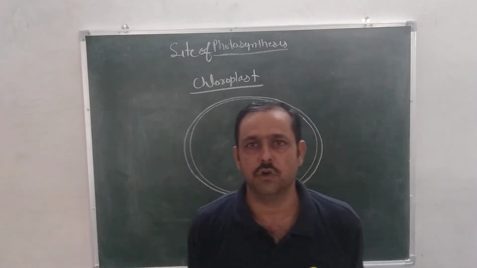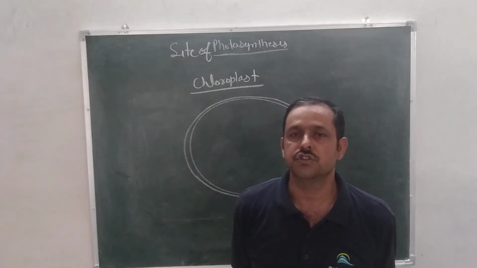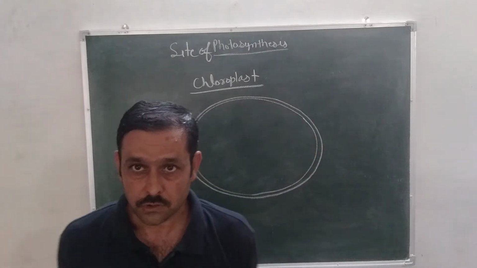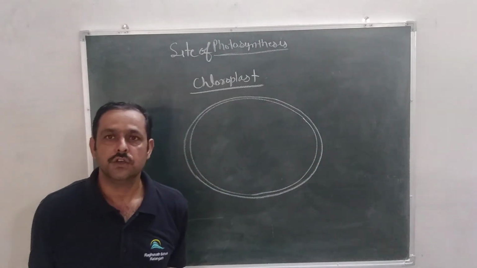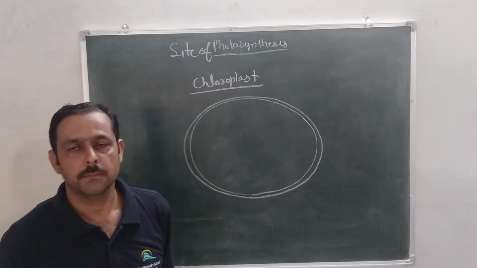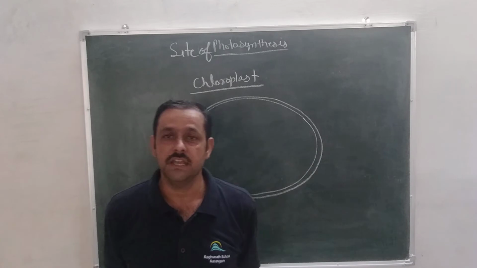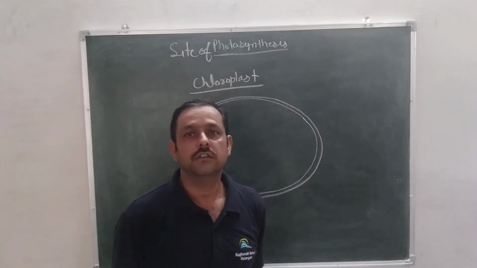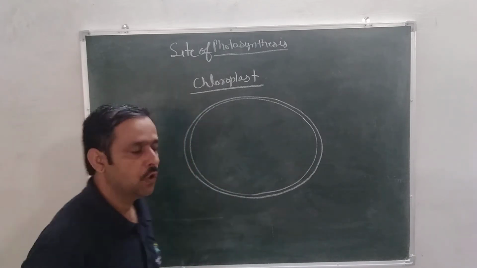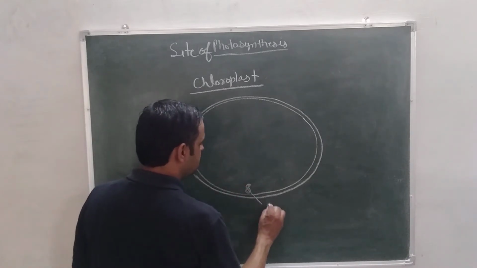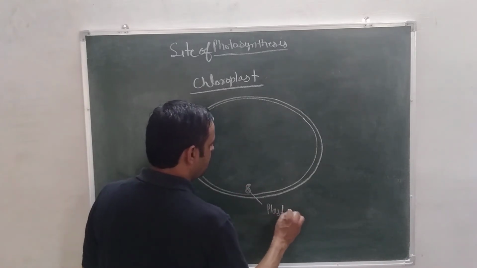Chloroplast and mitochondria are the semi-autonomous organelles of the cell. Why are these called semi-autonomous organelles? Because they have their own DNA in them. So they are called semi-autonomous organelles. Then it is plastidial DNA.